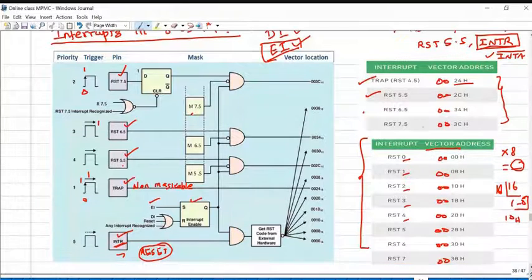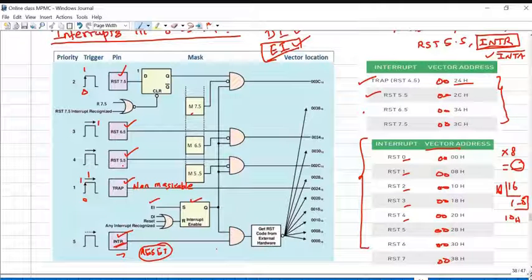Okay, right. So we discussed TRAP, RST 7.5, 6.5, 5.5. These are all vectored interrupts. Whenever this particular interrupt is executed, the program execution flow will transfer to fixed memory locations. Apart from these, the INTR interrupt is sent by external hardware.